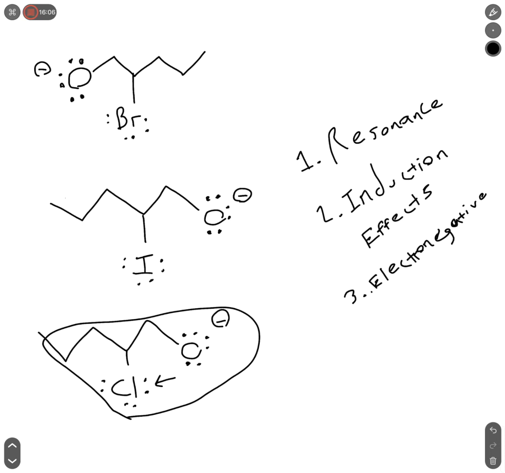The reason being is because, since electron density is not being delocalized from the electronegative atom that was deprotonated, it would be very unstable. Hence why this would be the third.